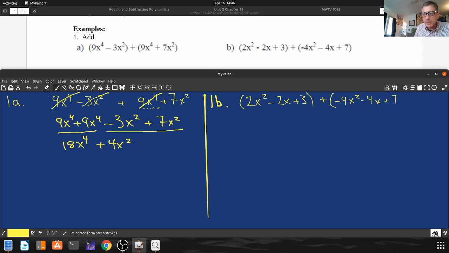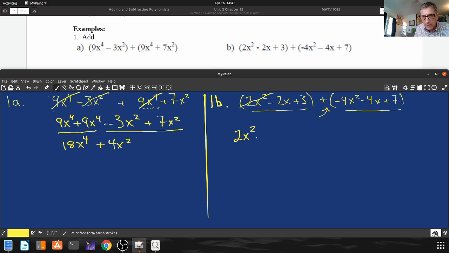So again, the operation between, this is polynomial 1, this is polynomial 2, the operation is plus, addition. So I'm not going to bother to do anything here other than start with the largest degree term and write it down below. I like to cross it out to make sure that I get them all.